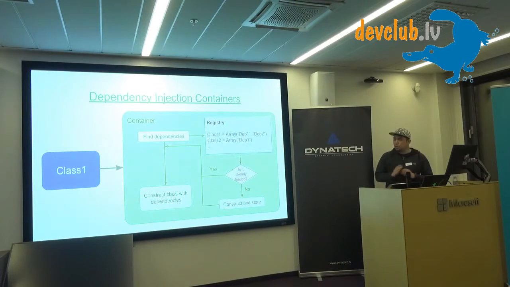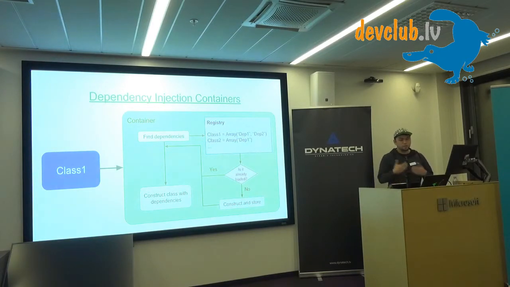So, fundamentally, dependency injection containers are nothing more than a map of dependencies for your class, with the logic to create those dependencies if they haven't yet been created. So instead of creating the classes and dependencies yourself using, say, the new operator, you let the container take care of it. Let's say in this example, we ask the dependency container, hey, give me an instance of class 1.